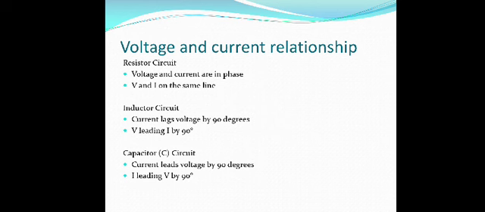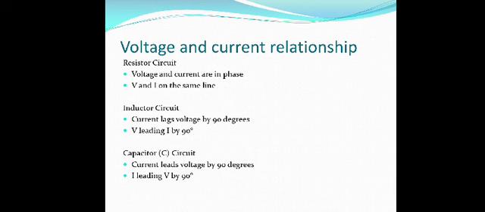Next, coming to the voltage and current relationships in our basic electrical elements R, L and C. In a resistor element, voltage and current are in the same phase. That means in the phasor diagram we draw voltage and current on the same line. Whereas in an inductor element, current lags voltage by 90 degrees. That means V is leading the current by 90 degrees.